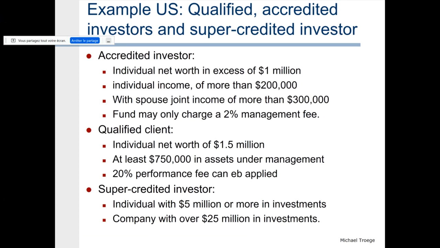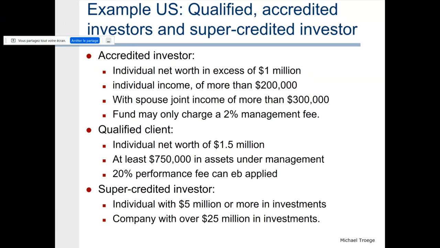Previously, you had only two types of investors: the accredited and the non-accredited. Accredited investors were allowed to invest in everything; non-accredited only in safe regulated funds. In the old regulation, the only investors allowed to invest in these risky funds were people with more than 5 million in financial investments, so really rich individuals, or institutional investors with more than 25 million in investments.